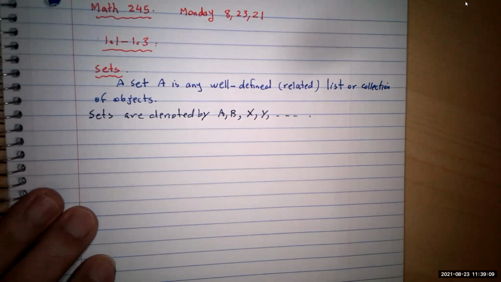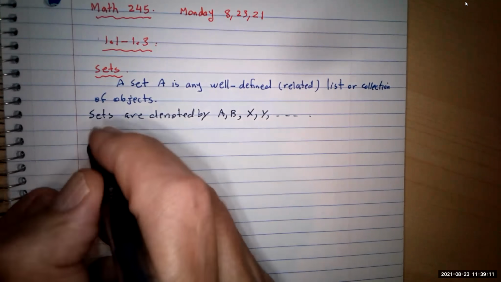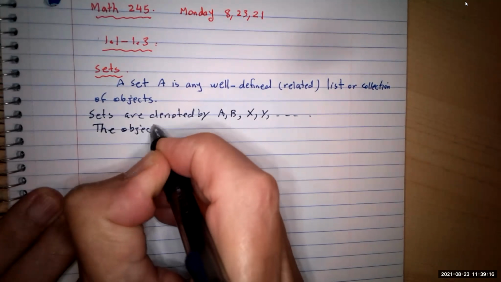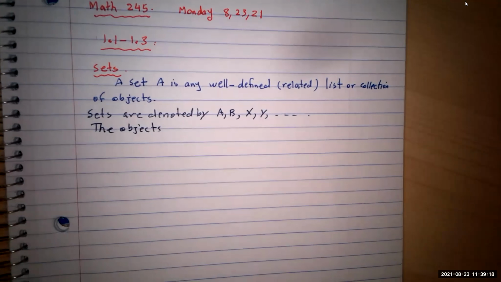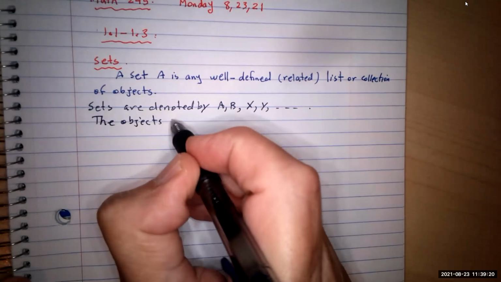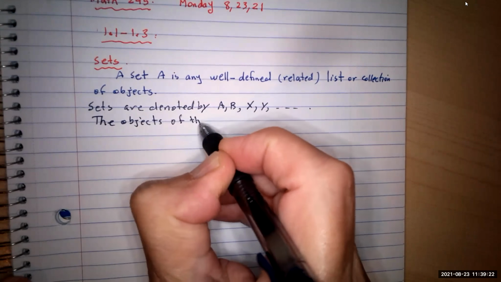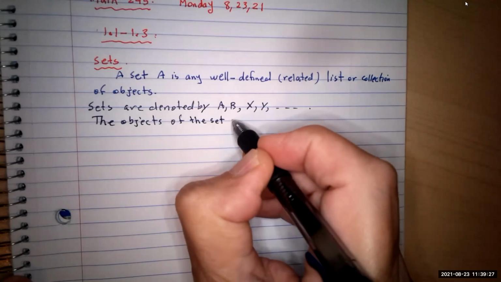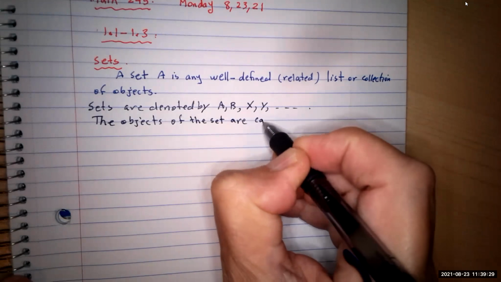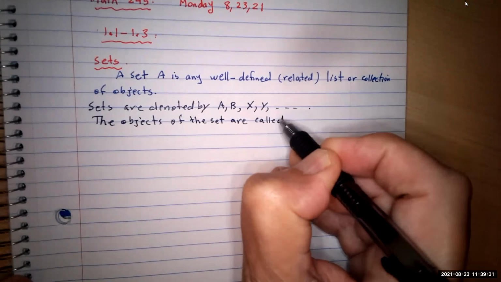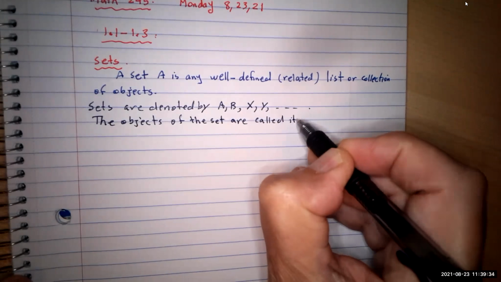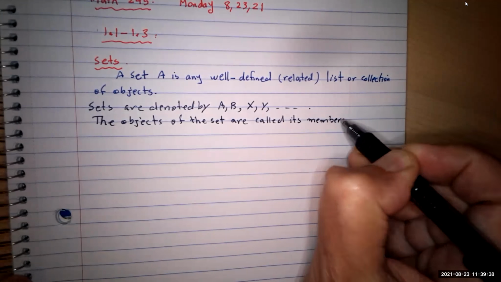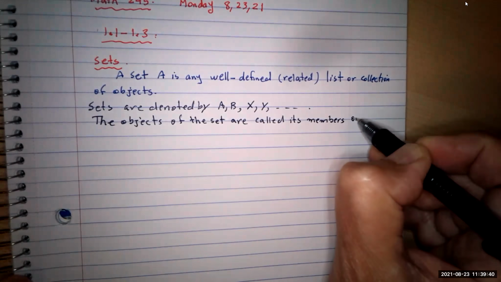The objects inside the set are called its members, or elements.